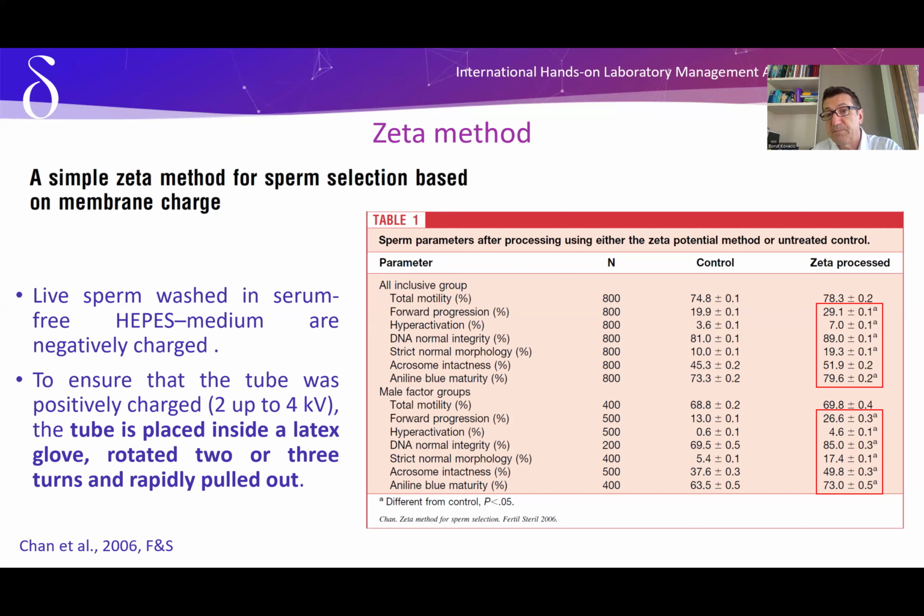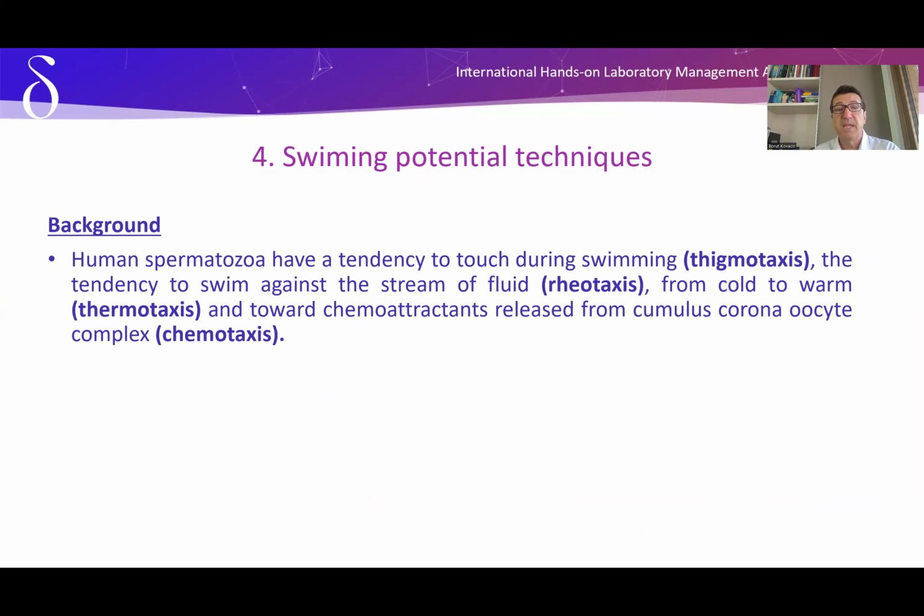So the results of this paper showed significantly increased percentage of forward progression, hyperactivation, DNA normal integrity, strict normal morphology, acrosome intactness, not only in male group of infertility, but in all inclusive groups.